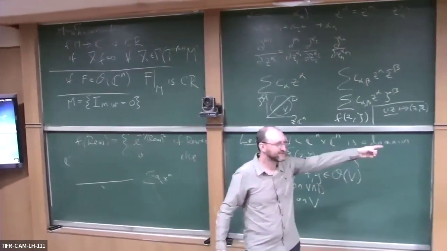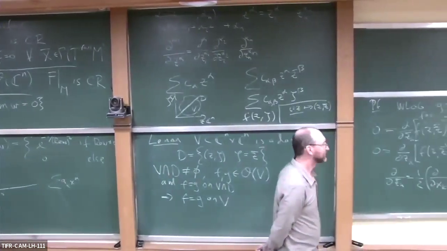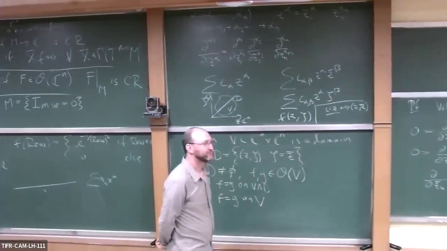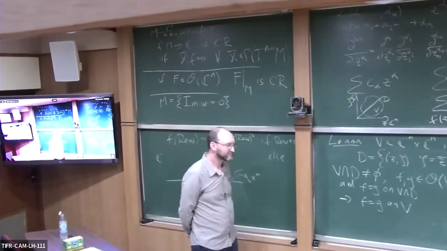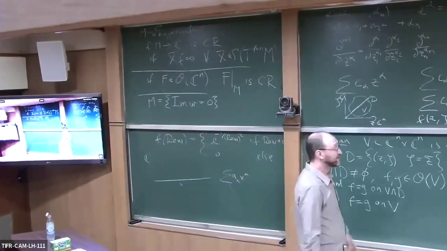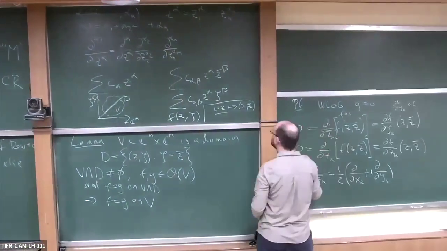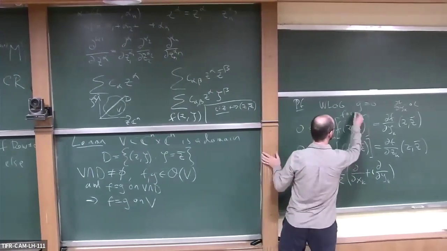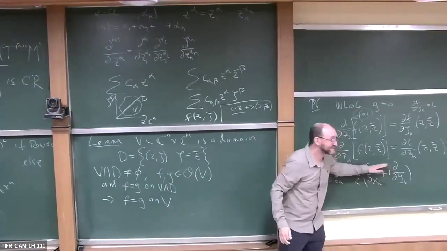The only reason I'm making a fuss about this is that people are really bad at, like, if you have a function defined on the x-axis, they will try to take the y derivative by restricting the function. So you have to be a little careful that the derivatives along that are really just that. Here, this is really a function on Cn, and what I'm applying is this thing.